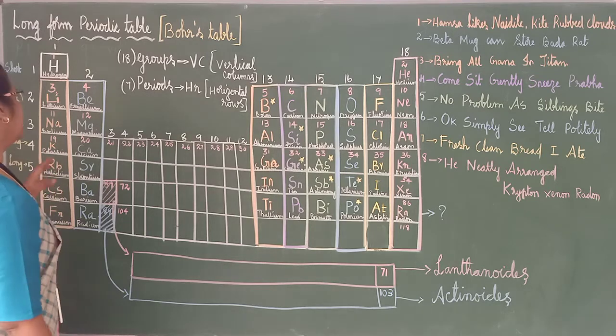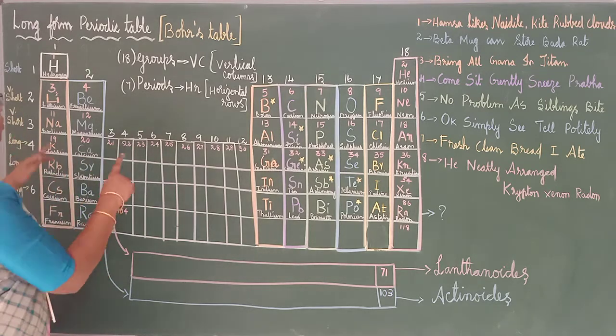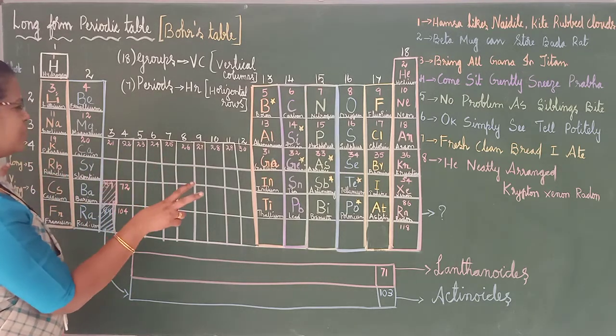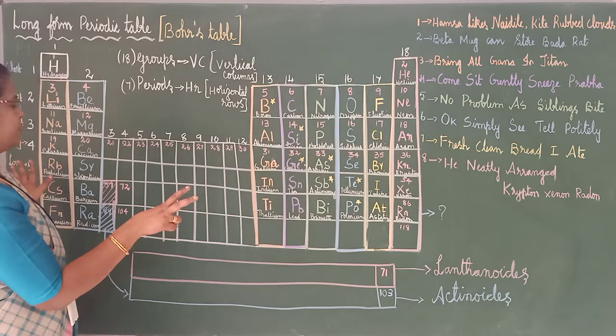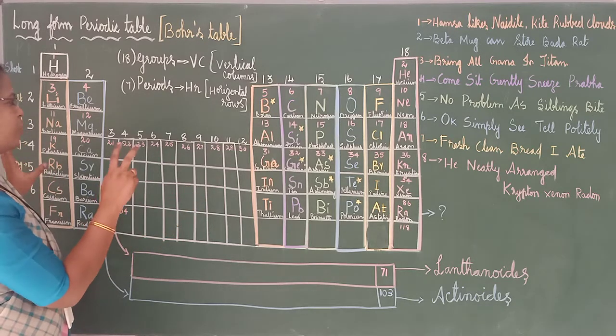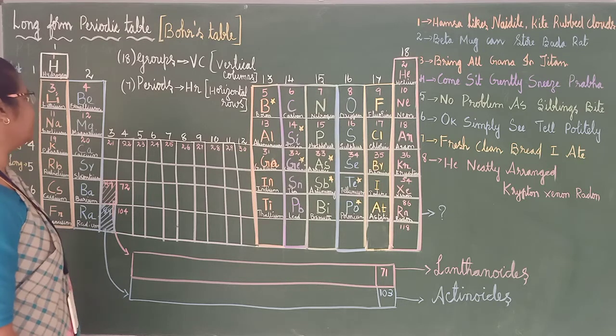Okay, we will see what is there in groups first. See here, it is not like a square, it is like a rectangle. The shape is somewhat different, no? Why is it given like that?